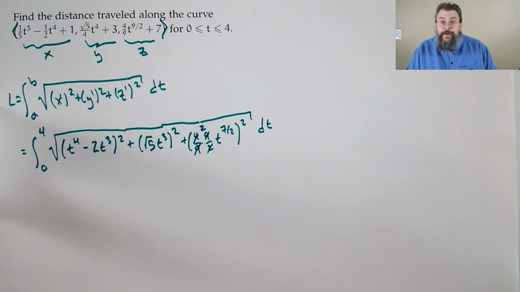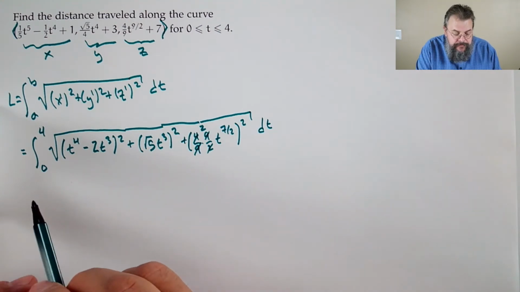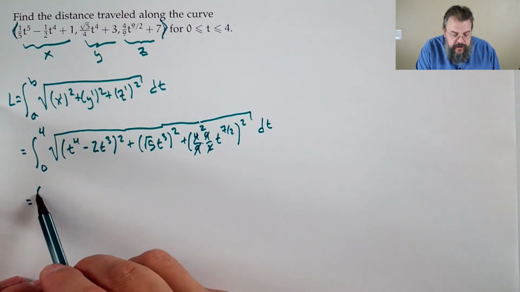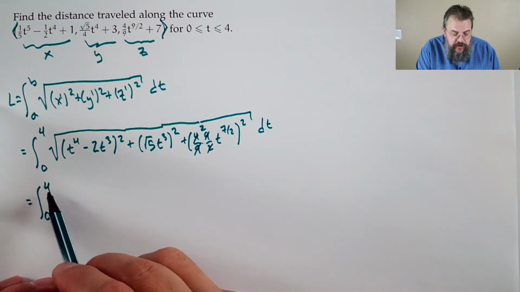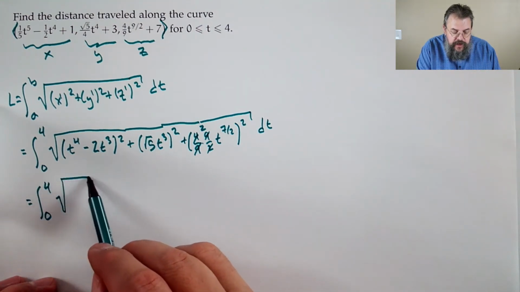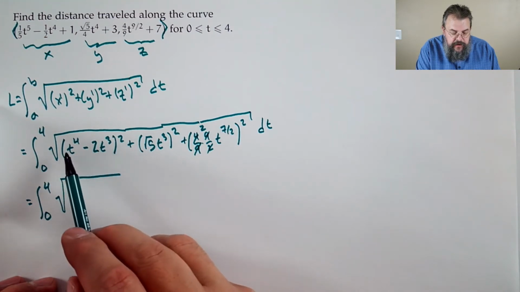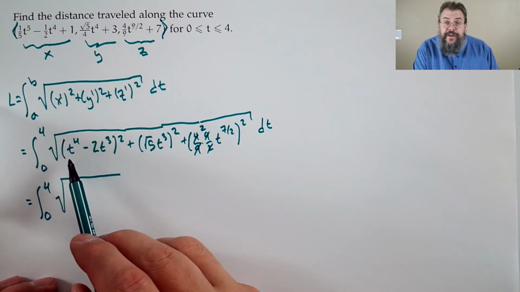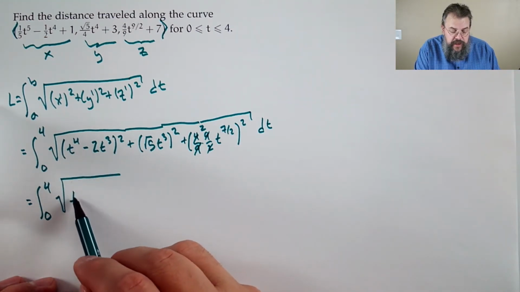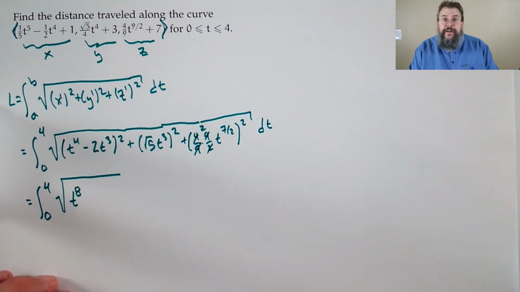So let's see what we have. We get integral 0 to 4, the square root of, square this out. So t to the 4th times t to the 4th would be t to the 8th, right? T to the 4th squared is t to the 4 times 2. All right, it's not t to the 16th.